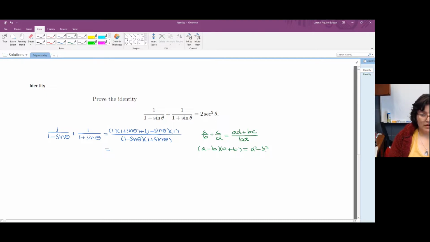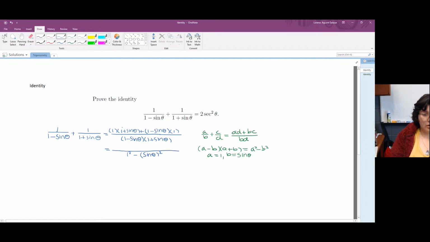So we see a squared minus b squared when we subtract squares. And here a is a number, a is 1, and b is sine. So we're multiplying 1 minus sine by 1 plus sine. And according to the equation right here, we get 1 squared minus sine of theta squared.